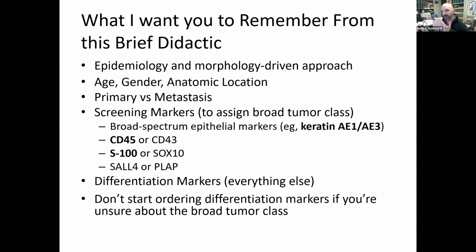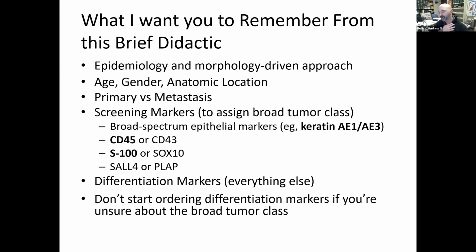And ideally, I try to marry those differential diagnoses to come up with an immunohistochemical panel. I always consider age, gender, and especially the anatomic location of disease. The differential will be different for a tumor presenting in the lung or the liver or the brain or somatic soft tissue. And I'll give you some flavor of that in some of these algorithms.